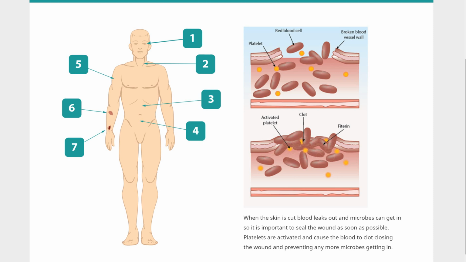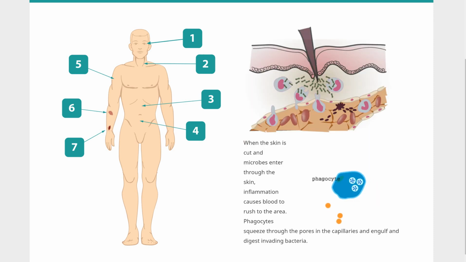And finally, number 7, when the skin is cut and the microbes enter through the skin, inflammation causes blood to rush to the area. Now, these particular cells that we can see in this animation here are called phagocytes. And phagocytes, that word phago means to eat or ingest, okay?